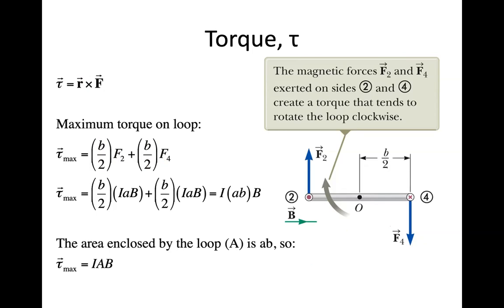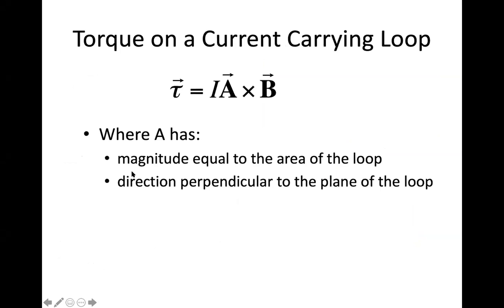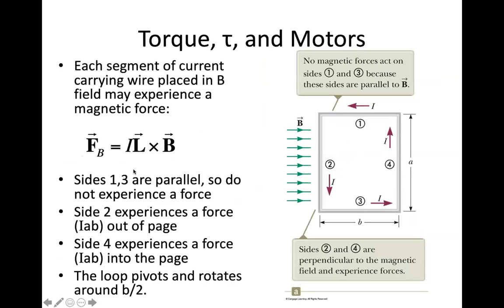Okay, but what is that force? Well, that force is I times A times B. So let's see where that force of IAB comes from. So we have to go back to our other, here we go. We want to figure out what the force is on each of these lengths of wire, each of these segments, right?